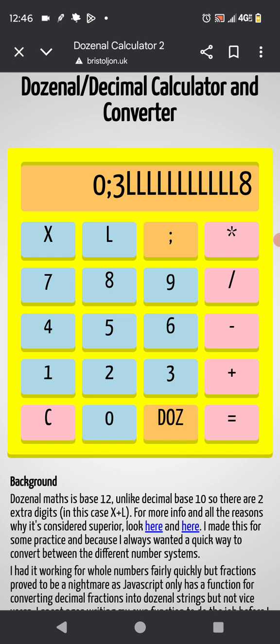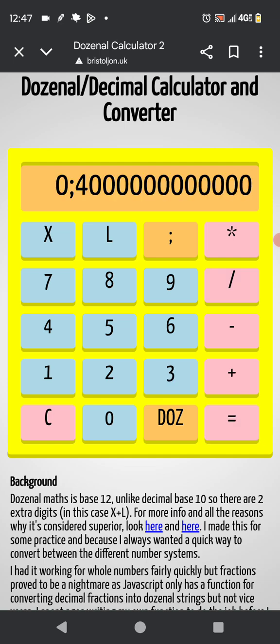But if I instead change this to a base 12 system and I have the exact same operation, it gives me a terminating answer of 0.4. That's because 1/3 of 12 is 0.4, right? It goes in 4 times. 3 goes into 12 4 times, and so 1 divided by 3 in a base 12 system is the same thing as asking how many times does 3 go into 12?